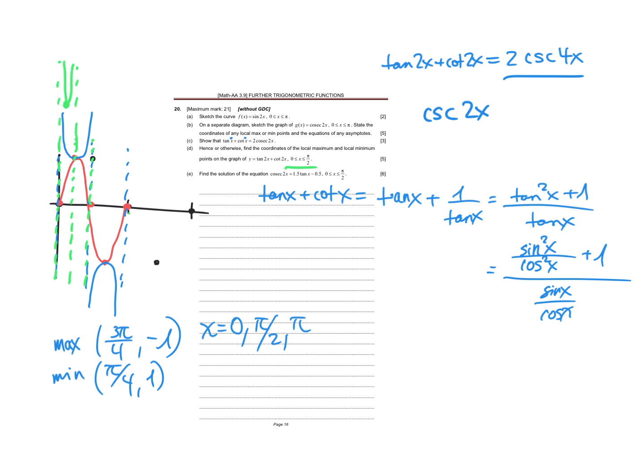So that is the new min at pi over 8, 2. And the max down here was at 3 pi over 4. So if we divide that by 2, that's 3 pi over 8 here. And then we need to multiply that by 2 because of this. So it's going to be 3 pi over 8, negative 2.